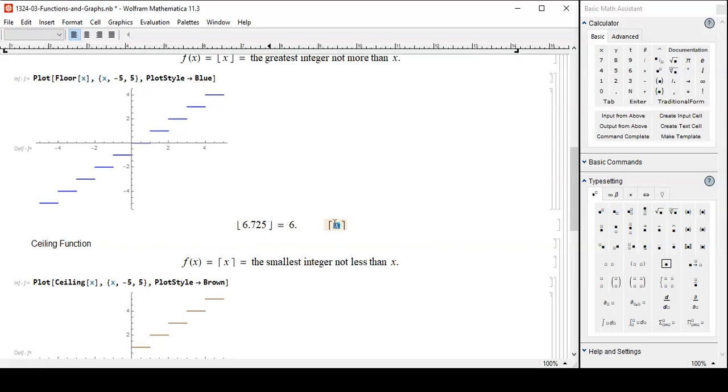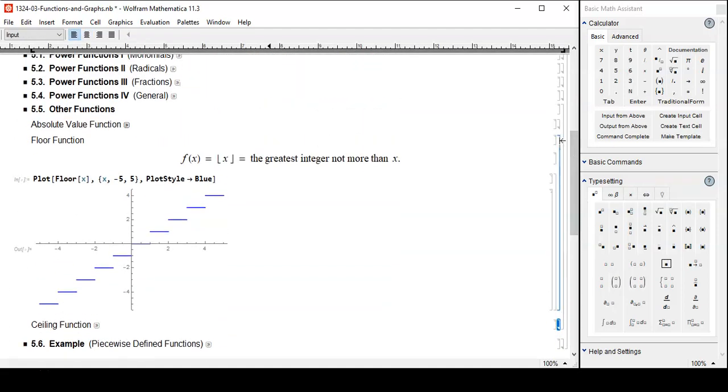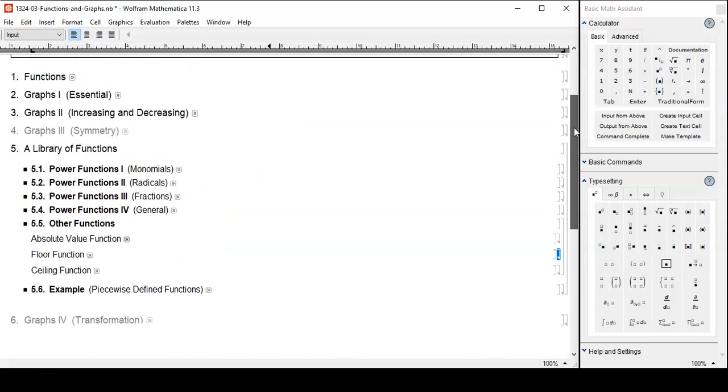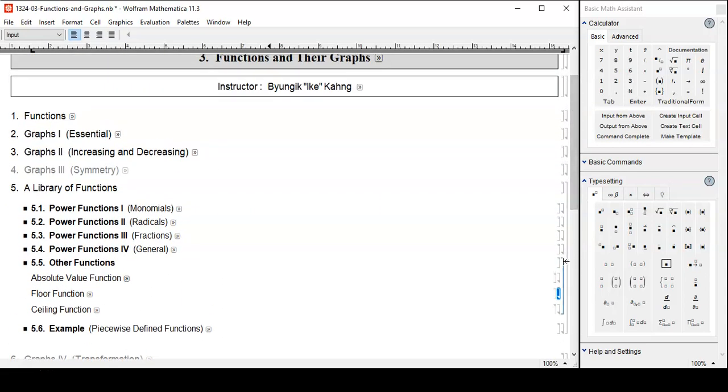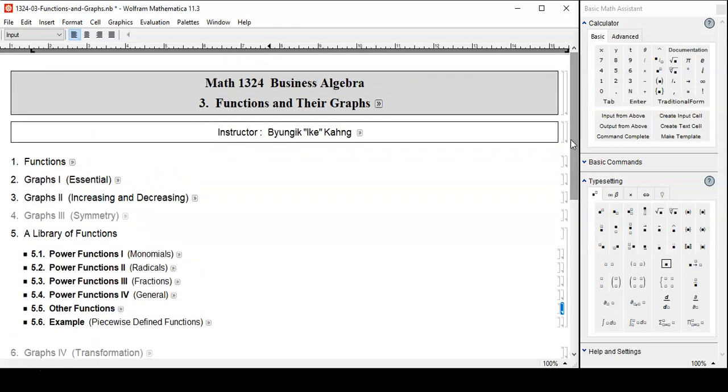Let's simply take the same thing, 6.725, but it's forcing a round up. I don't know whether we'll deal with these a lot in this course, but remember, these forced roundings, and then considering the loss and moving on, are very common in all kinds of business mathematics. So we may have to consider these floor and ceiling functions in this course too.